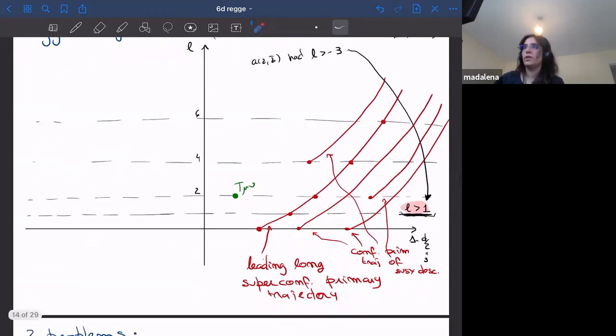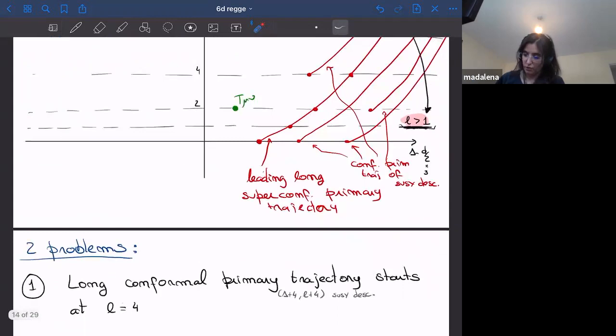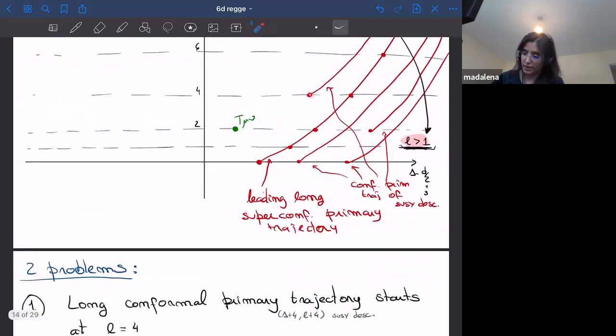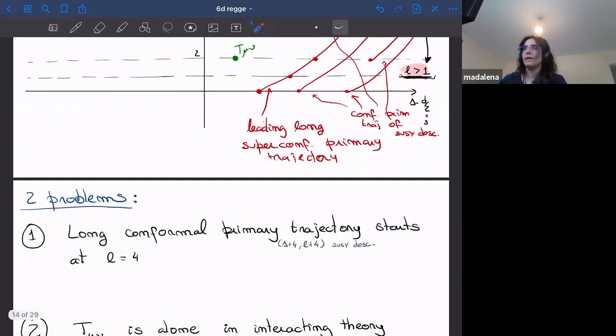And so when we look at this plot, we immediately see two problems. One is that this long trajectory starts at spin 4. So analyticity in spin would have me think that I should be able to continue this to lower spins. And this guy is a SUSY descendant.